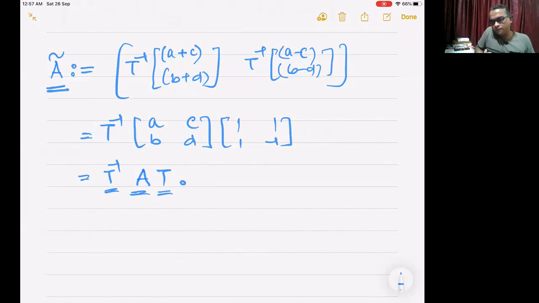If you notice carefully, this idea of representing A tilde, that is representing phi in the new basis, is nothing but chasing this commutative diagram. So notice carefully, what did we have? We had R2 to R2.